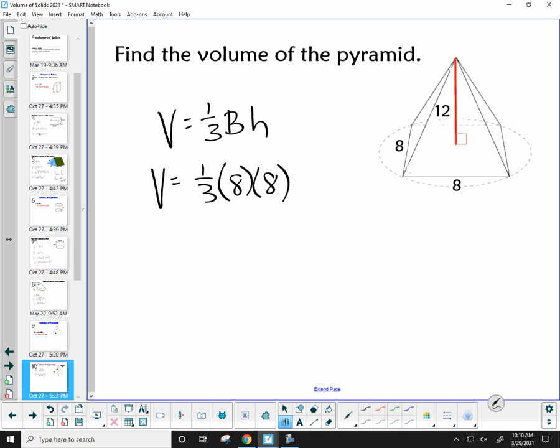We're not talking about sliding down the side. We're talking the actual height. So my height here is 12. We multiply that all together, we get 256 cubic units.